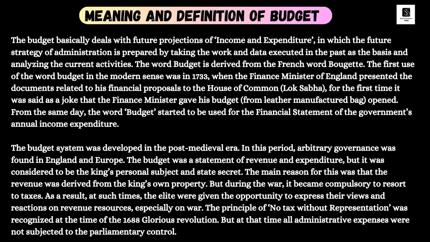As a result, at such times, the elite were given the opportunity to express their views and reactions on revenue resources, especially on war. The principle of no tax without representation was recognized at the time of the 1688 Glorious Revolution. But at that time, all administrative expenses were not subjected to parliamentary control.